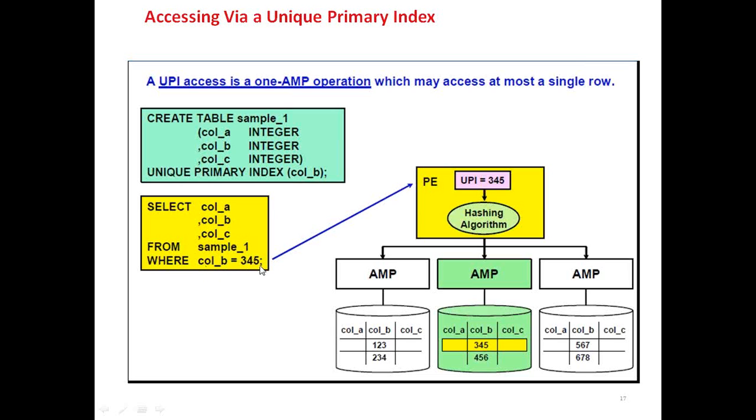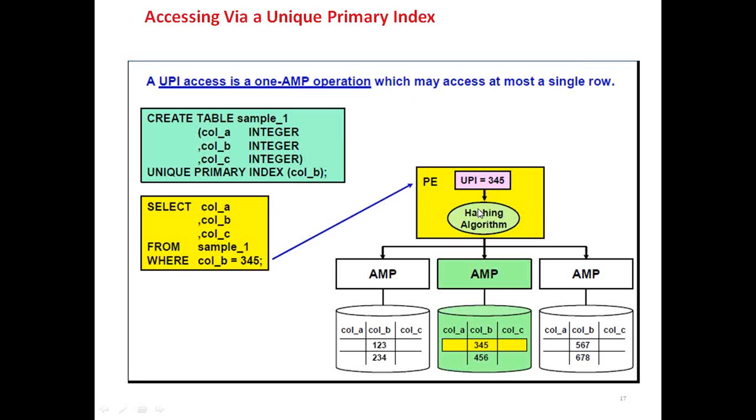What happens is that while retrieving the data also, the parsing engine will give the primary index value to the hash algorithm, and the hash algorithm has the property of generating the same hash value for the same primary index value. So for 345 it would generate the same hash value which it generated during the insertion of the record.